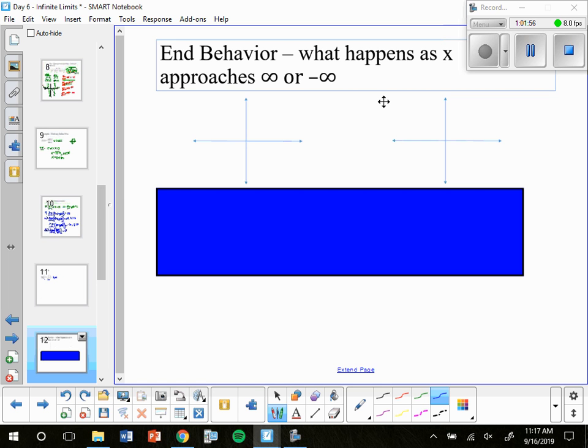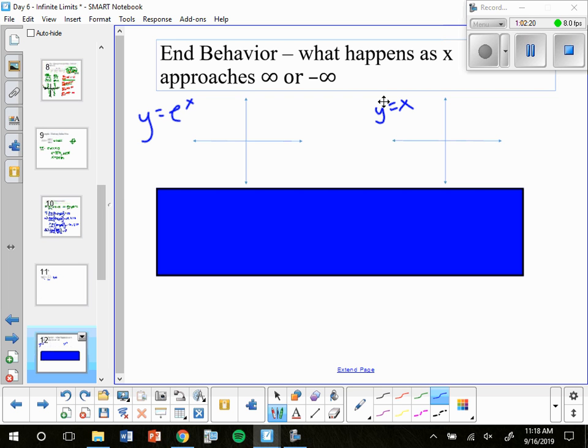And so we're going to start by looking at two functions. y equals e to the x and y equals x. Do you know what y equals e to the x looks like? Good. Exponential function.